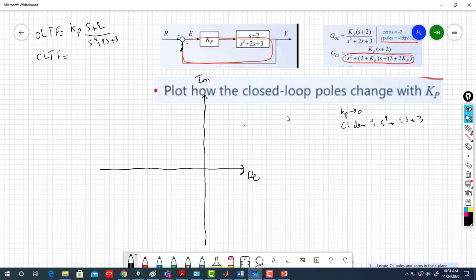Then this has S equal minus 1 plus or minus j square root of 2.